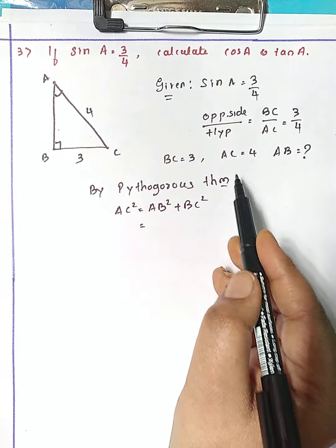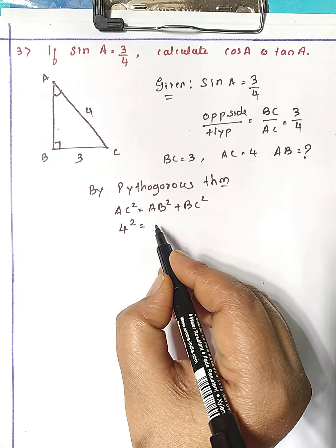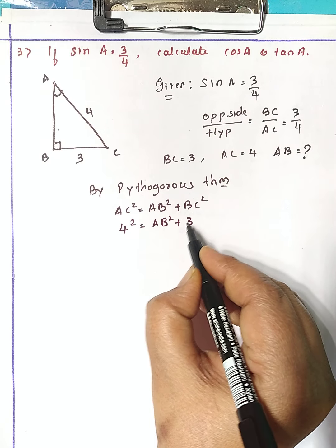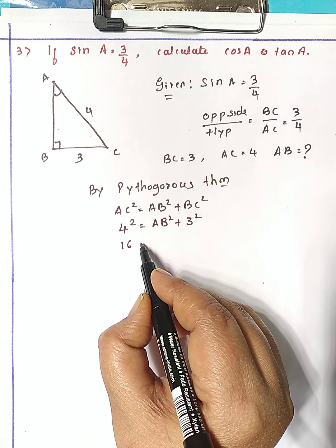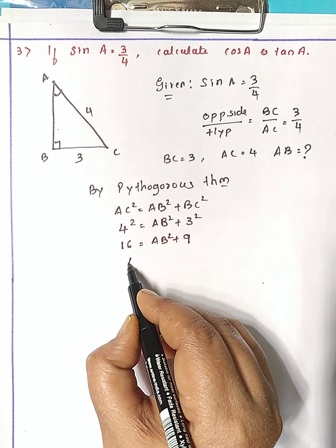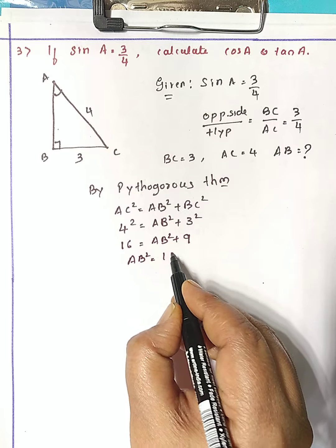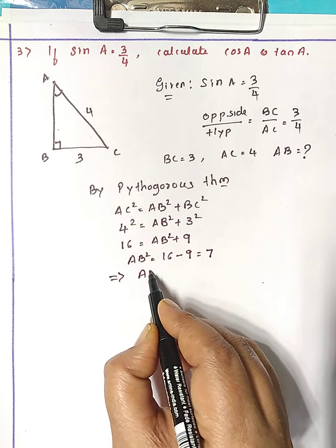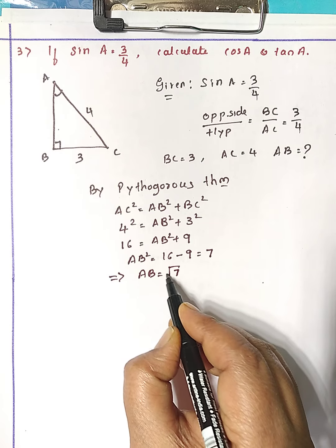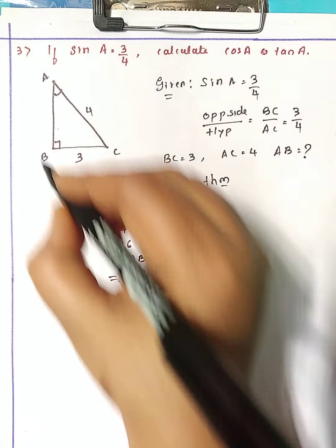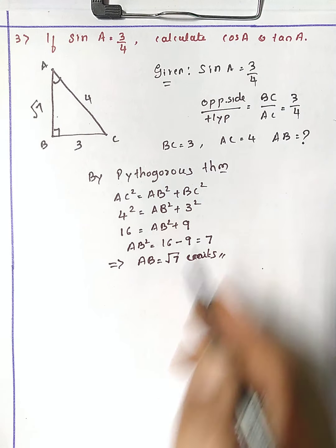AC is 4, so 4 square equals AB square plus BC, which is 3 square. This is 16 equal to AB square plus 9. Therefore, AB square equal to 16 minus 9 equal to 7. Therefore, AB equal to root 7 units.